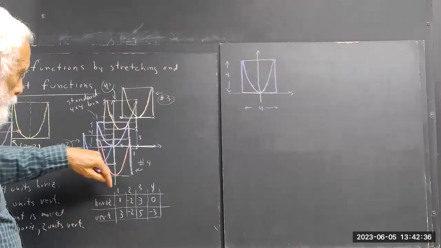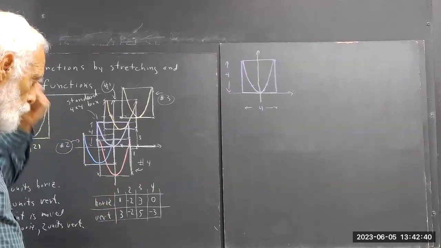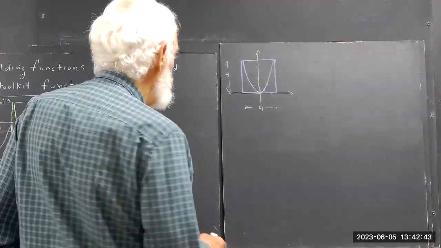I want to go ahead and, in a little more detail, do this first transformation, horizontal shift 1, vertical shift of 3.